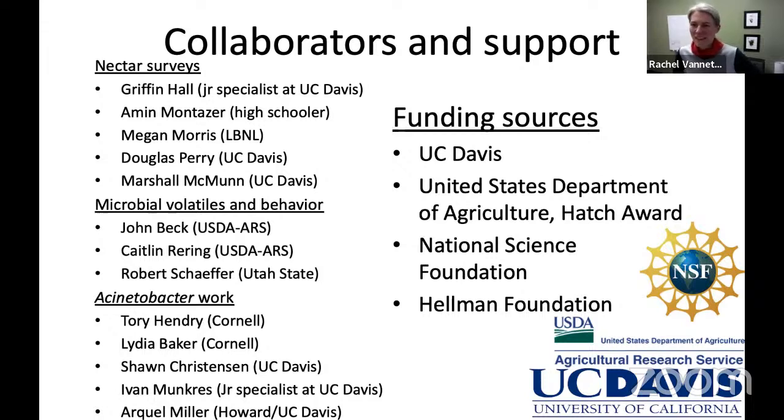If we add pollen to the media, they grow great. So there's something in there that they like. We've been trying to get different fractions of pollen and figure out what exactly they're using. We haven't quite figured that out yet, but it seems like they like some sort of protein or some component of the pollen.